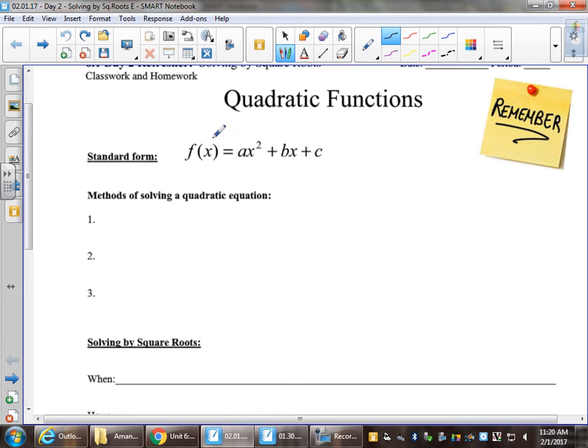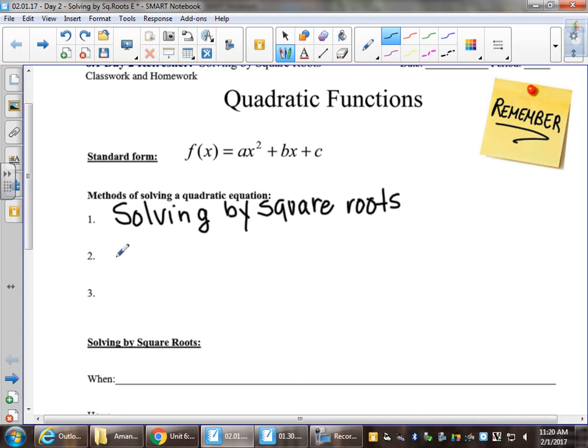The first method is solving by square roots. The second one is the quadratic formula. And the last one is factoring.